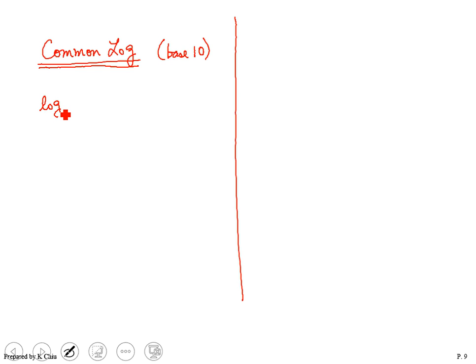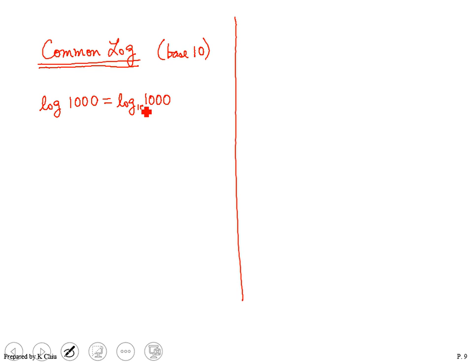When we have a common log, we don't even bother to write the base. It's like we have an invisible base. So whenever you see log 1000, right away you know this is a common log. The base will be 10. Can you tell what that is equal to? We have log 1000 with the base of 10, right?